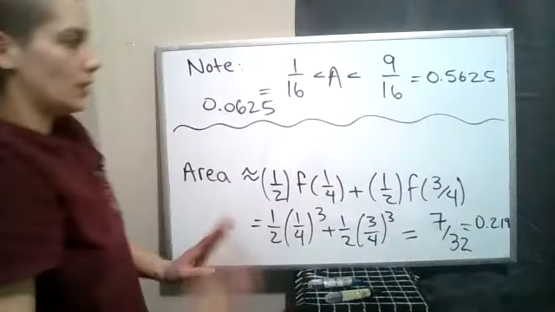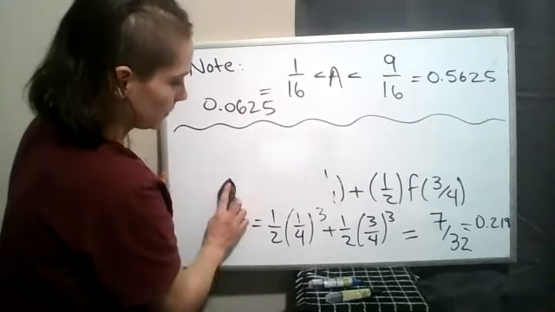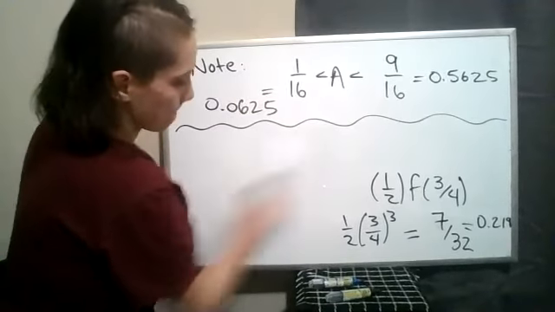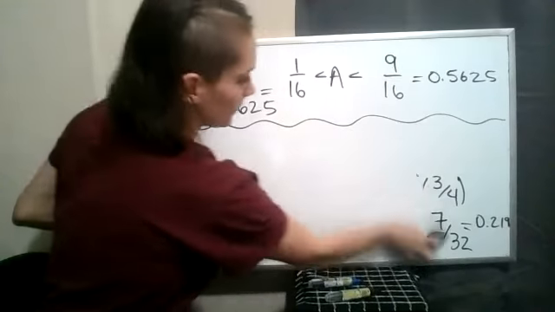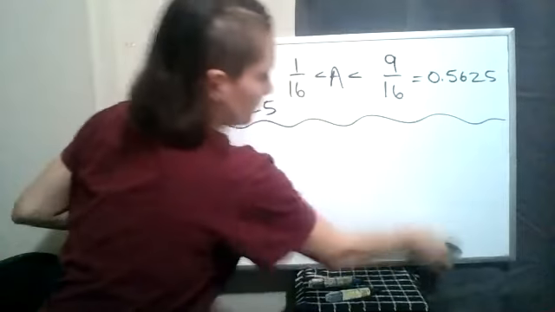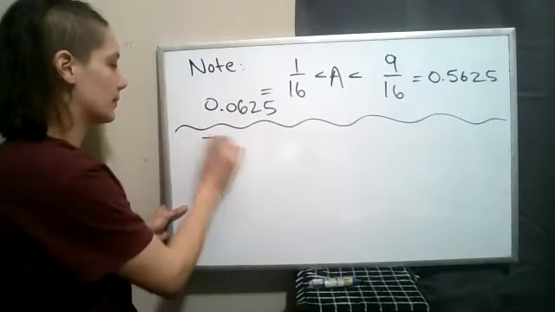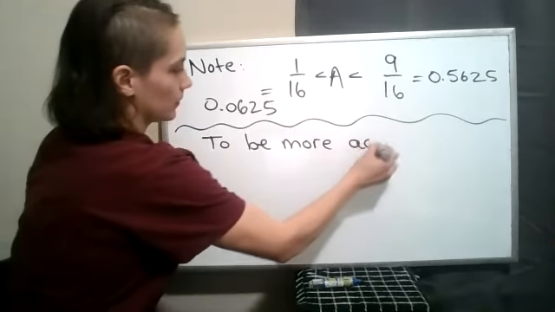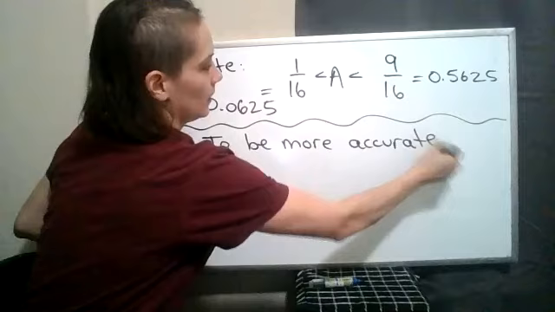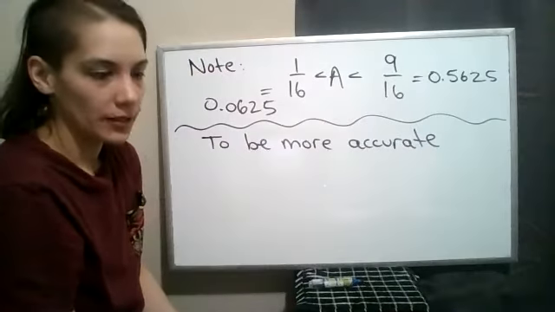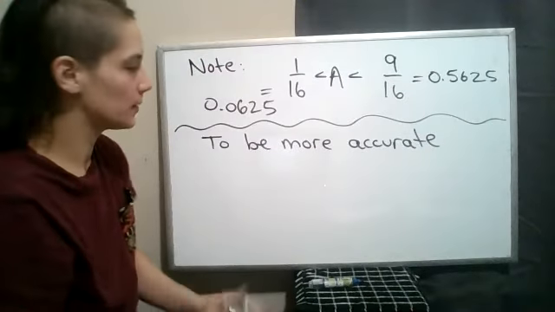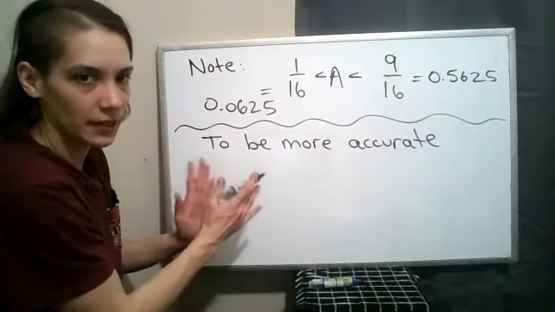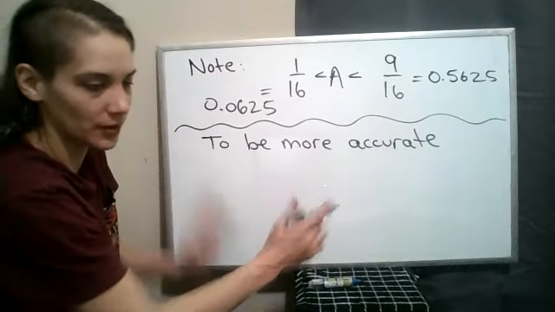So let's do something else. To be more accurate, increase the number of rectangles. So try to fill the area under that curve with as many rectangles as possible.